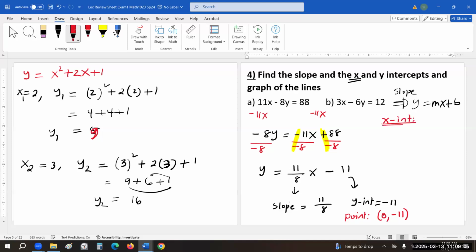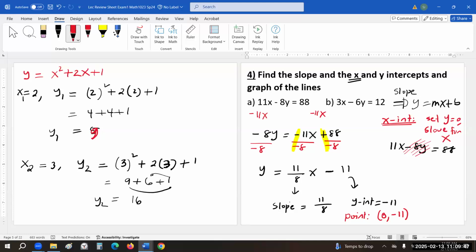To find the x-intercept, we set y to 0 and we solve for x. You can use any formula, either the simplified one or the previous one, it doesn't matter. But I would say using the first one is better because you can solve easily for x. So we had 11x minus 8y equals 88. Now set y to 0, it means the entire y term vanishes.